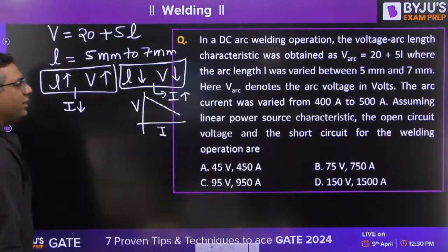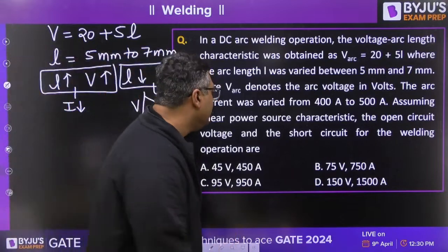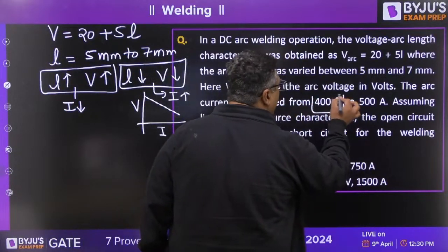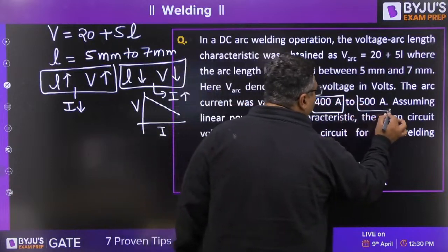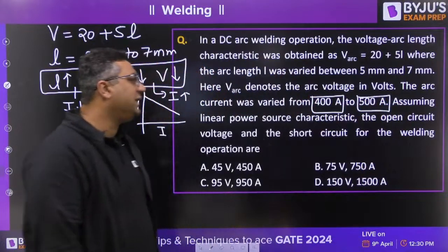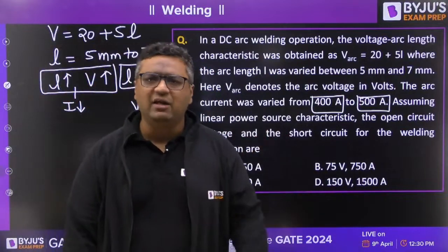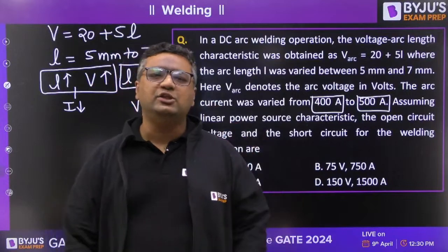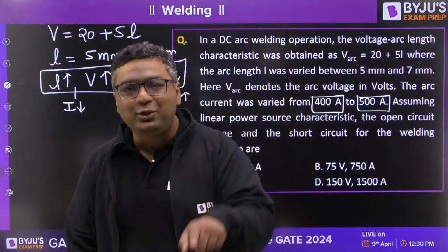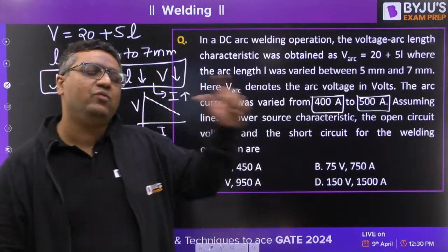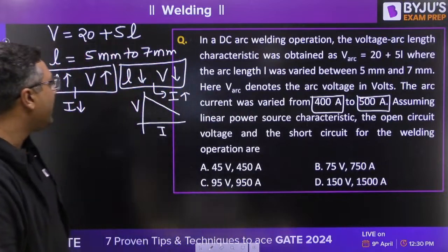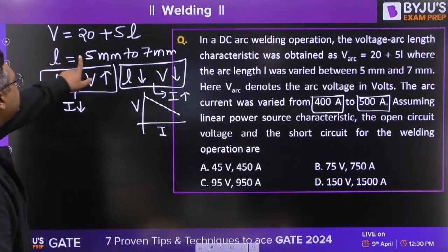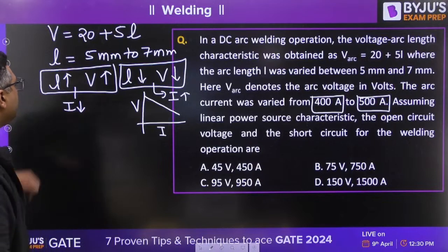So we need to decide which voltage 400 ampere is for and which voltage 500 ampere is for, because they have not mentioned anything. They have said when arc length varies over this range, current varies over this range. You need to decide which current to take for which arc length. When arc length increases from 5 to 7 mm, current should decrease.